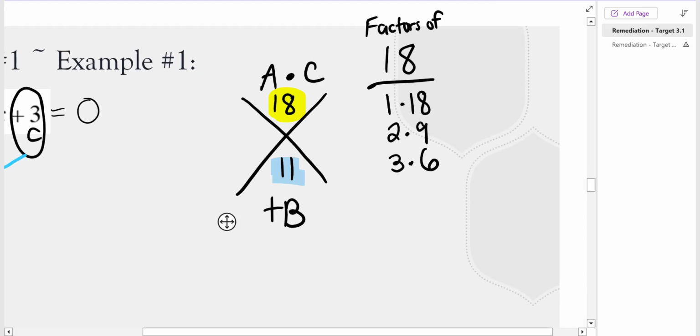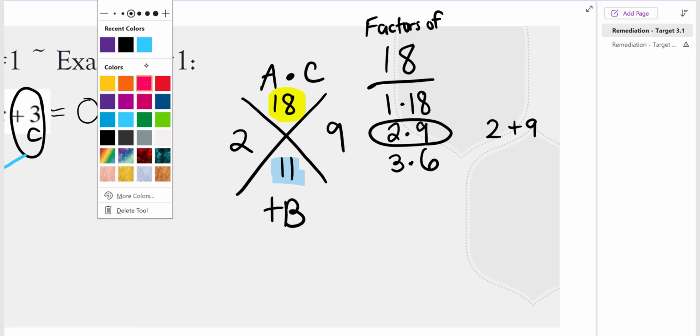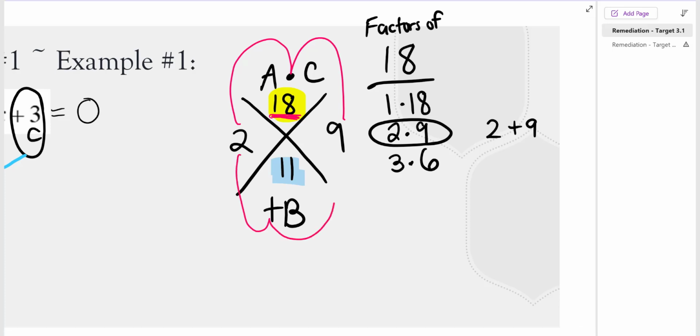Okay, the answer is 2 and 9. If you add 2 plus 9 together, you're going to get 11. Okay, so we're going to write 2 and 9 here. Now, you can definitely check your answer. 2 times 9 is 18. 2 plus 9 is 11. So that answer is correct, 2 and 9.